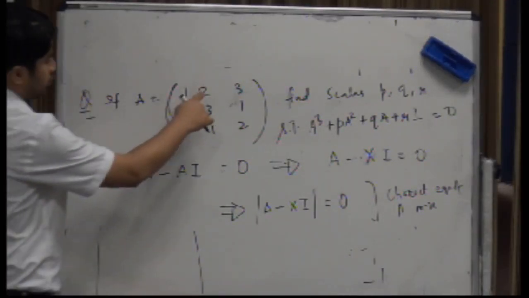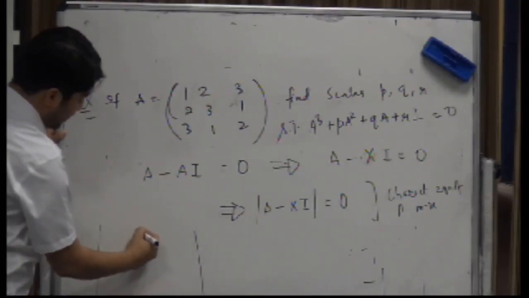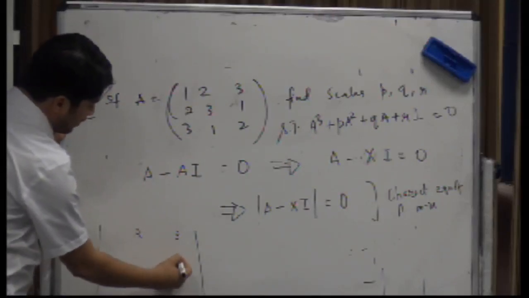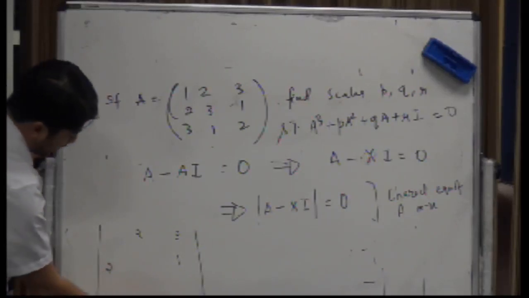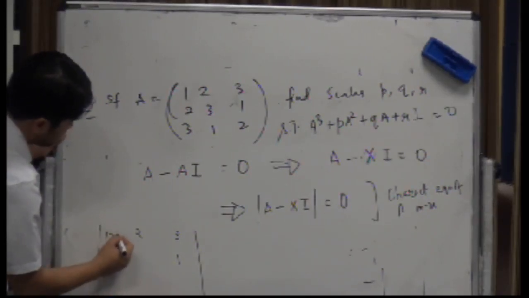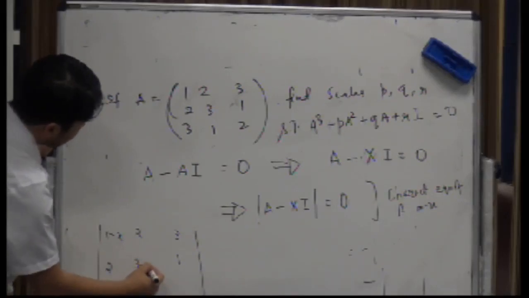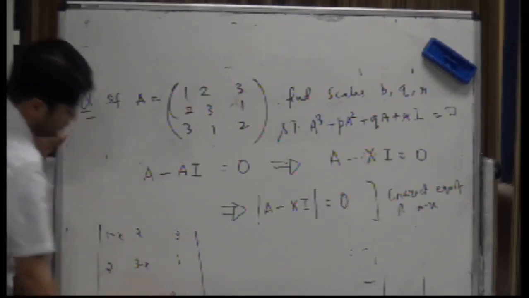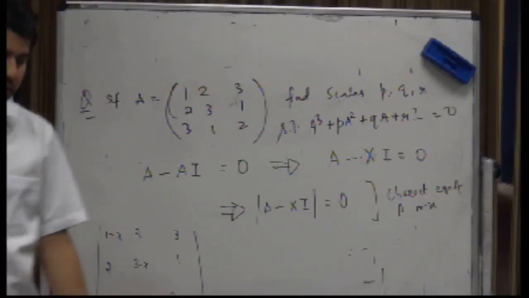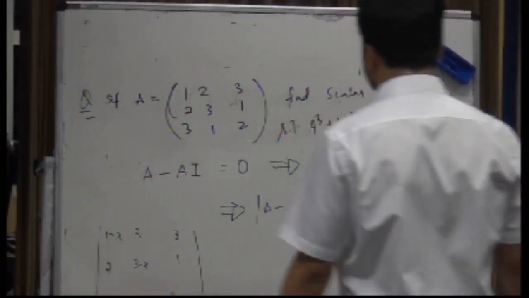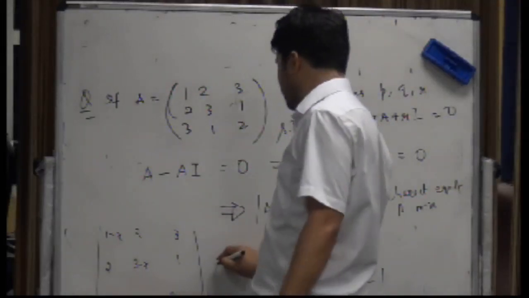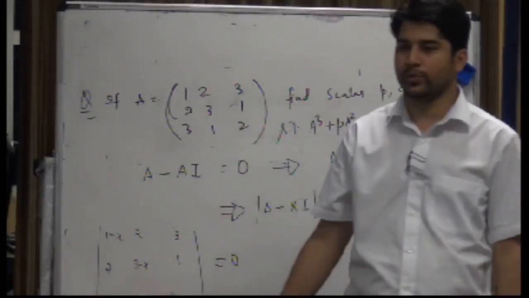So 2, 3 will be untouched. 1 would be untouched. 2, 3, 1 would be untouched. It would be 1 minus x, 3 minus x, and 2 minus x. This is the story. And this is actually equal to 0. I hope now you can create the cubic equation.